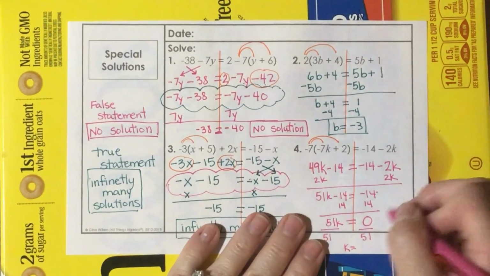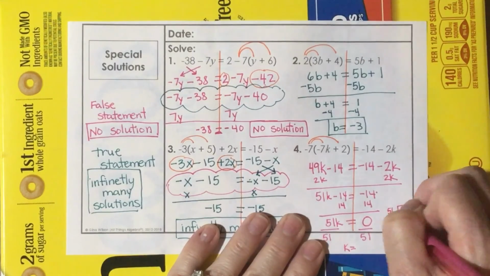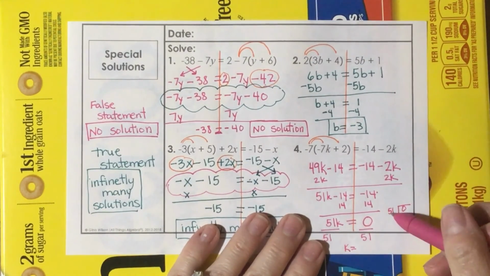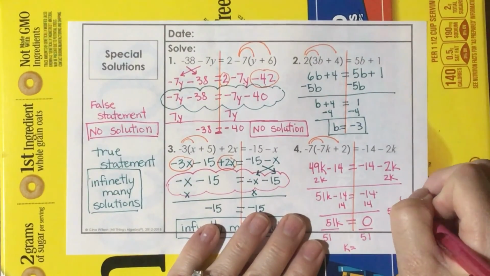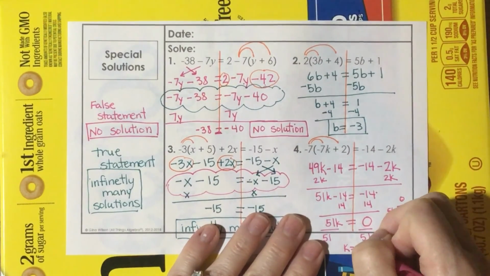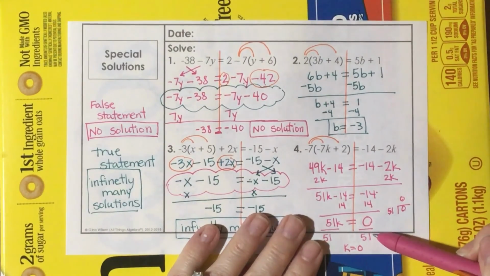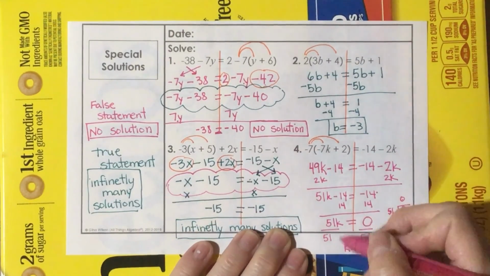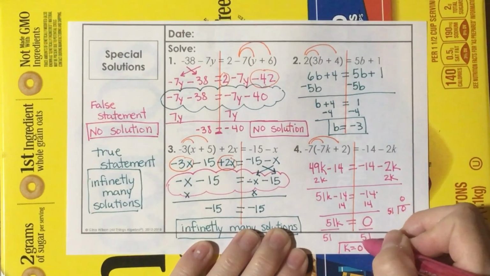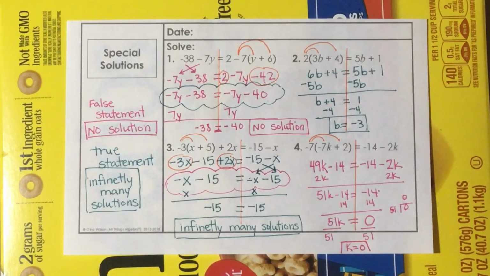If you ever don't remember how to do that, you say 0 divided by 51. Go old school, go back to elementary, okay? 51 goes into 0, 0 times. 51 times 0 is 0. So the answer is 0. A 0 can be on the top of the fraction, but if it's on the bottom of the fraction, we have an error, okay? Which just means it can't be done, at least not now in your math career, okay?